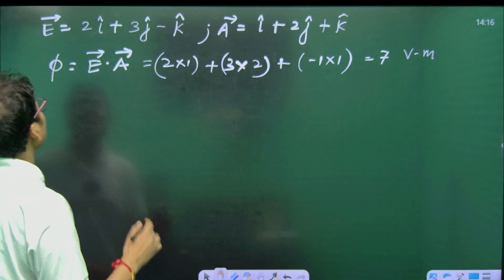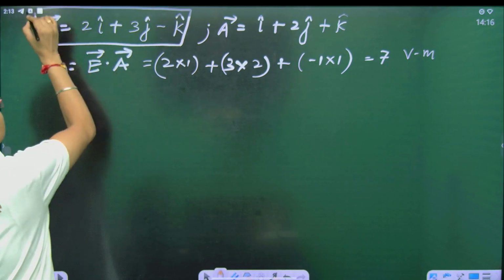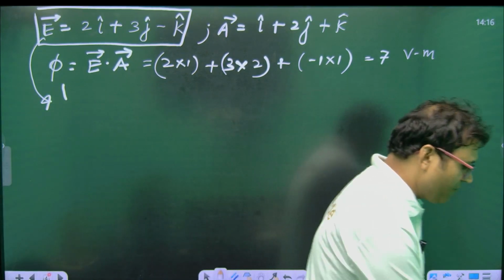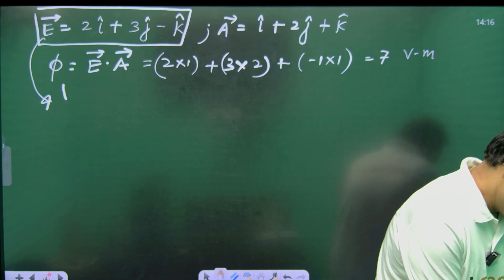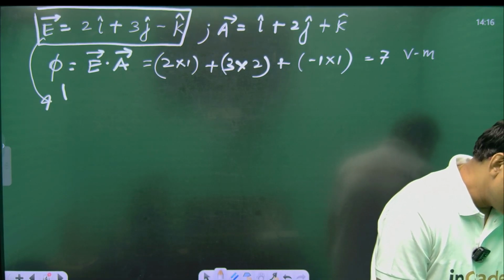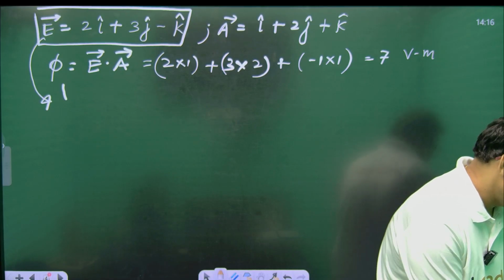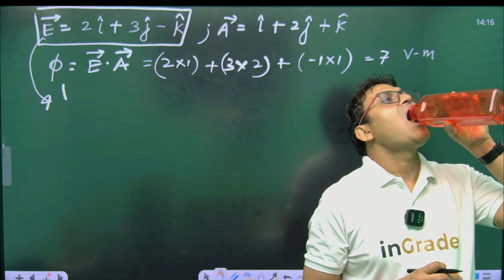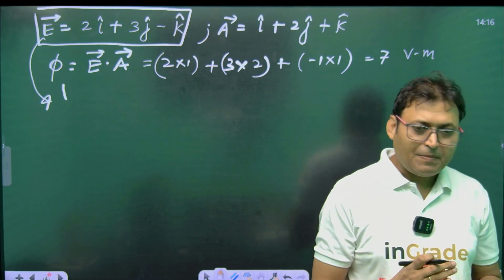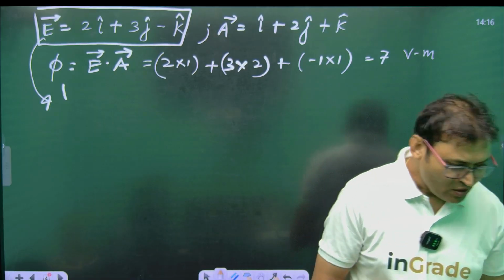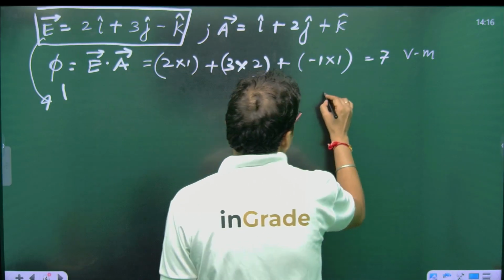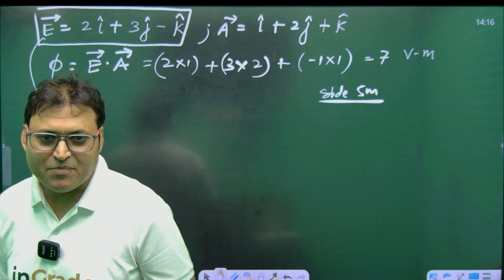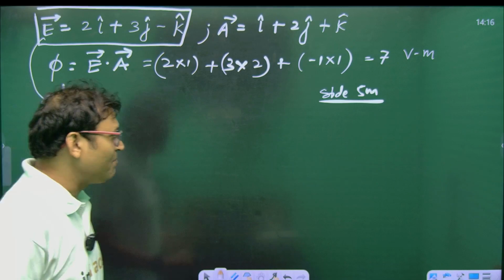The question can be taken in another way. Let us say this is the electric field given by the expression, and there is a square plate of side 5 meter kept in the xy plane.